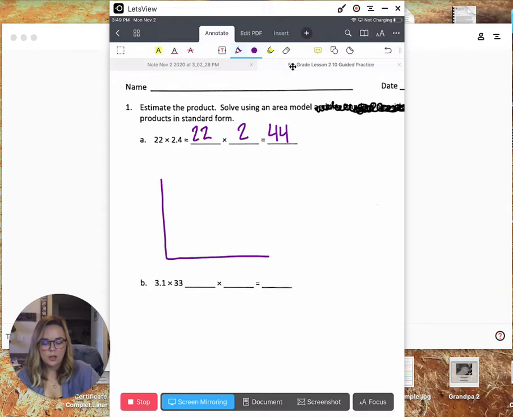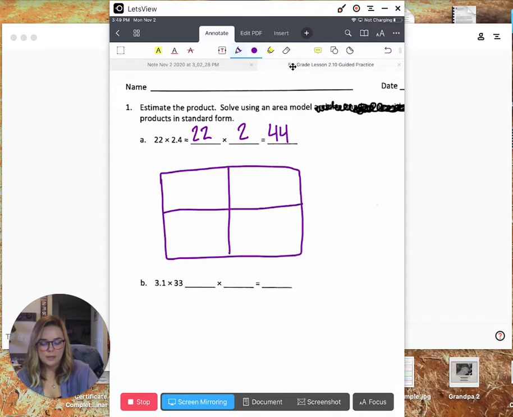So I'm going to draw my area model box with my 4 spaces, since I have two two-digit numbers. 22 I'm going to put on this side. I'll break it down to 20 and 2. And then across the top, I'll break it down to 2 and 4/10.